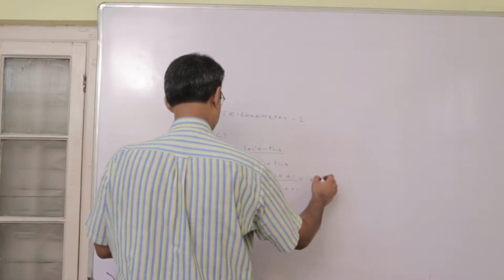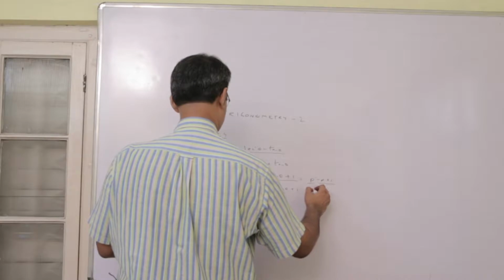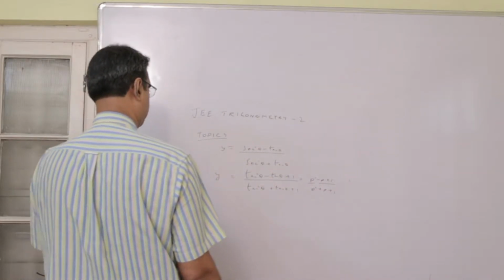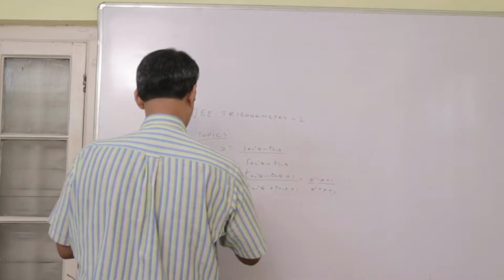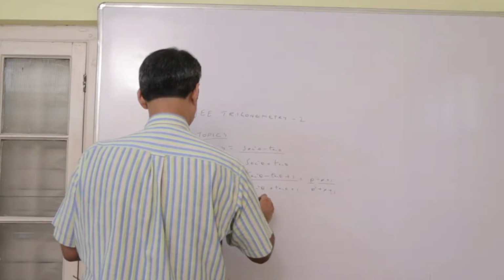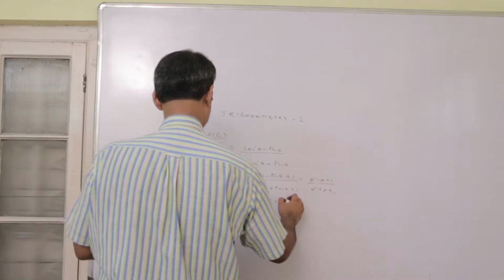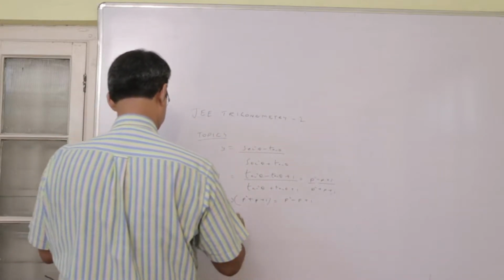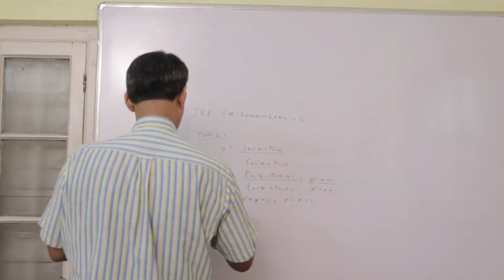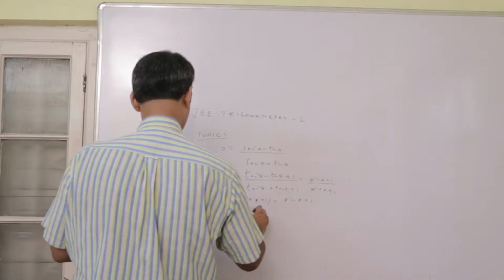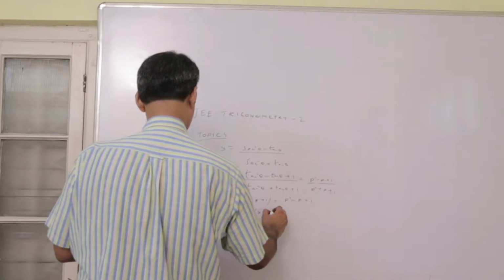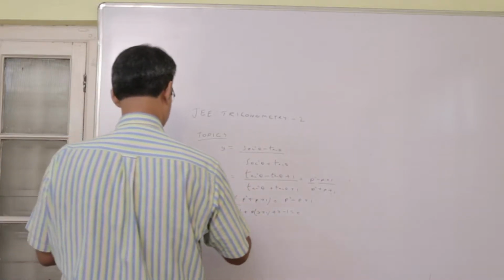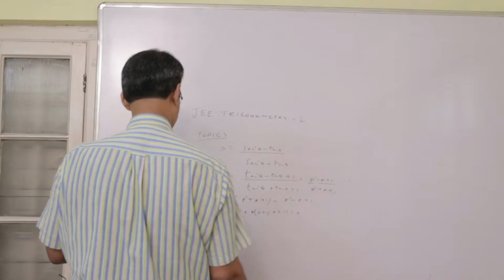So if you substitute tan theta is equal to p, then y is p square minus p plus 1 by p square plus p plus 1. So p square into y minus 1 plus p into y plus 1 plus y minus 1 is 0.